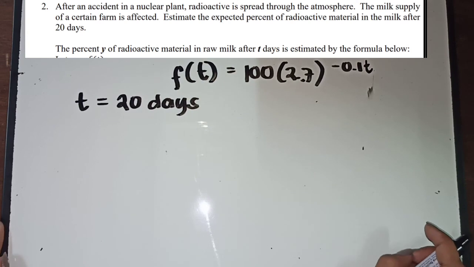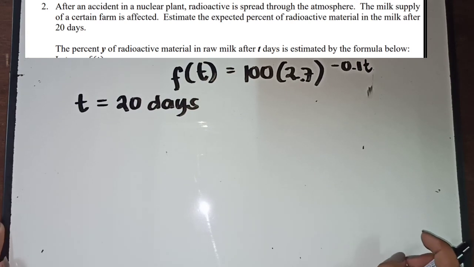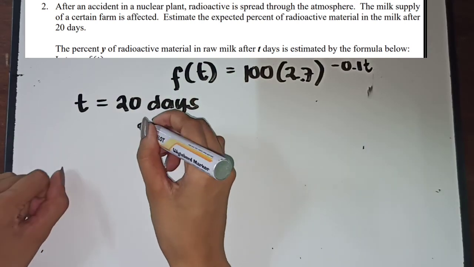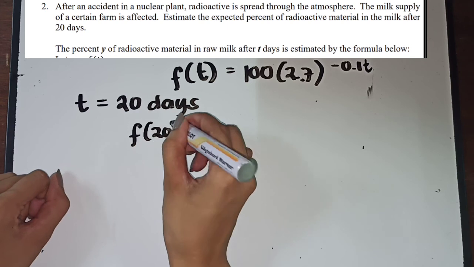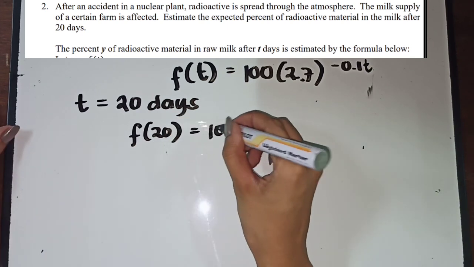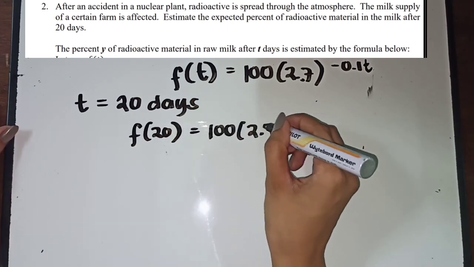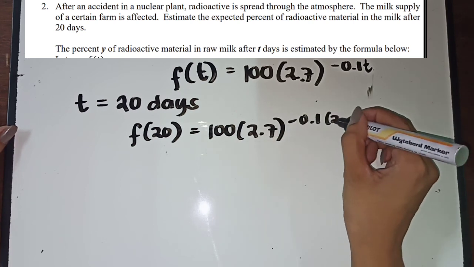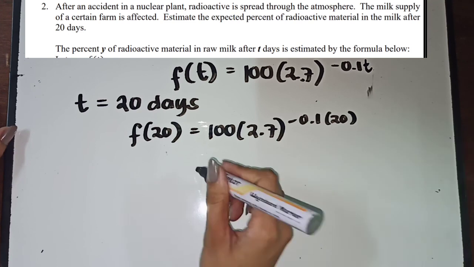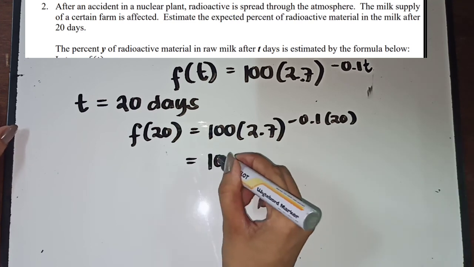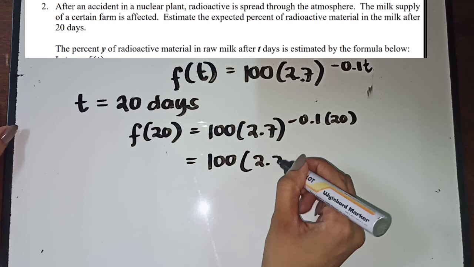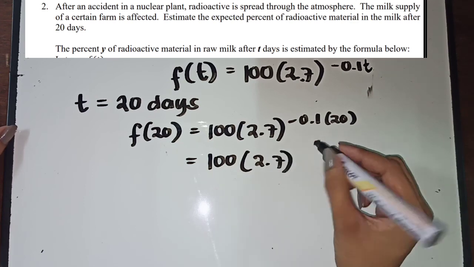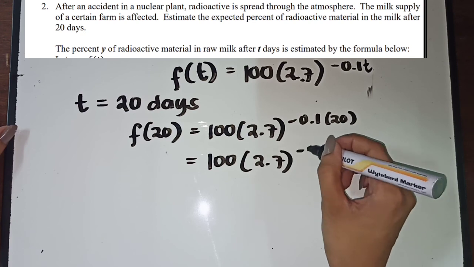Okay, so the value of your T is 20 days. So solve for f of 20. So we have f of 20 is equal to 100 multiplied by 2.7 raised to negative 0.1 multiplied by 20. Okay, so that is equal to 100 multiplied by 2.7 and negative 0.1 multiplied by 20 is negative 2.